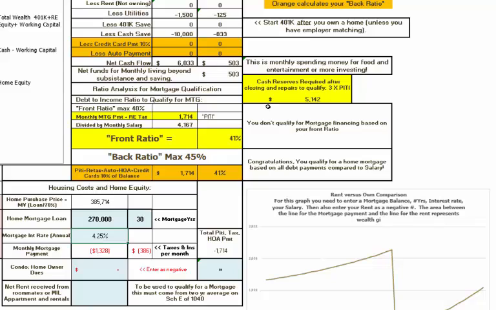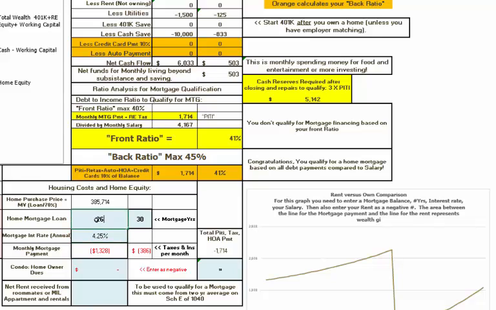In this case our housing payment is $1,714, which would be your principal, interest, taxes, and insurance payment on a $270,000 30-year mortgage. They divide 1714 by 4167 and they come up with 41%. Well, the most they will go is 40%. So we need to reduce this mortgage. Okay, let's go to 265.